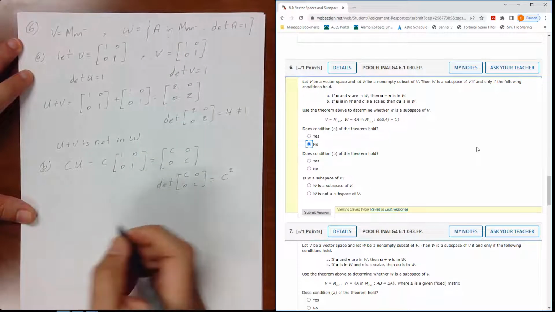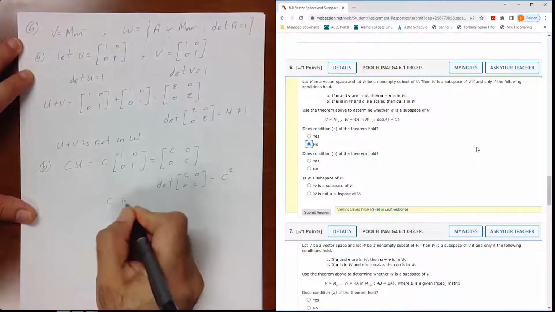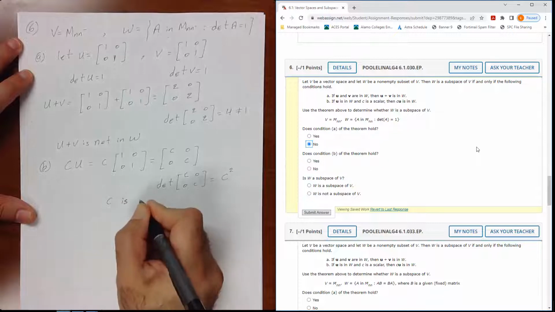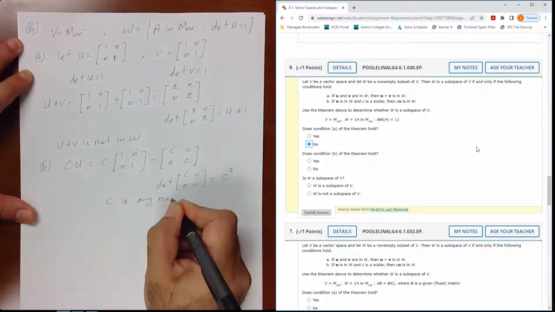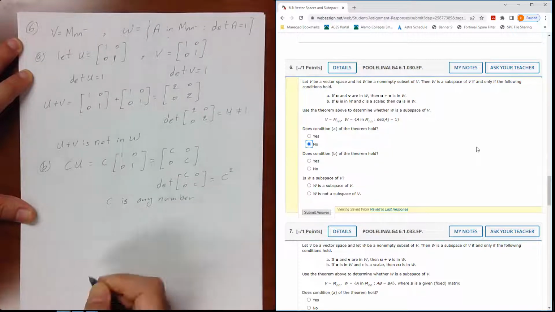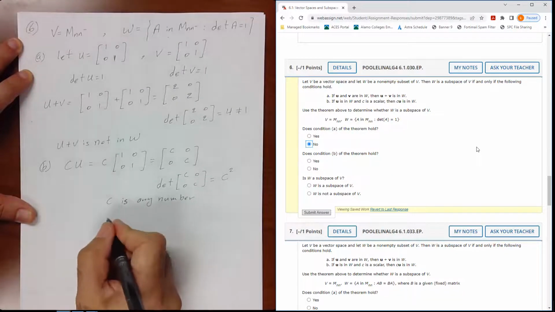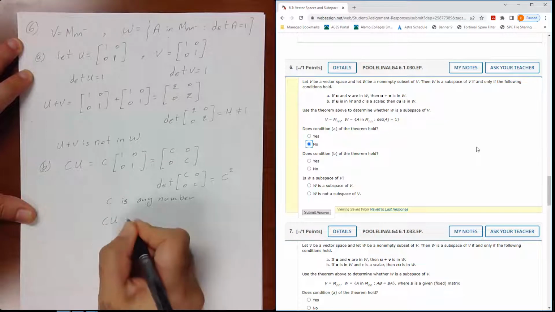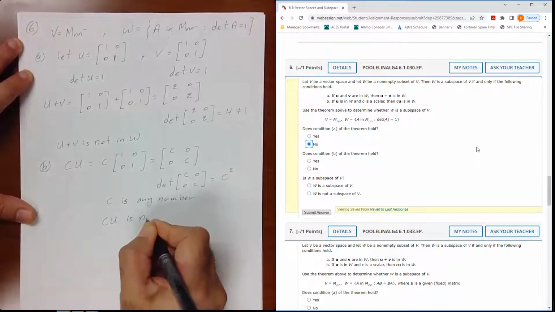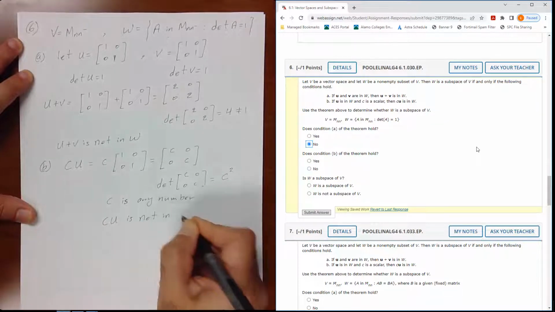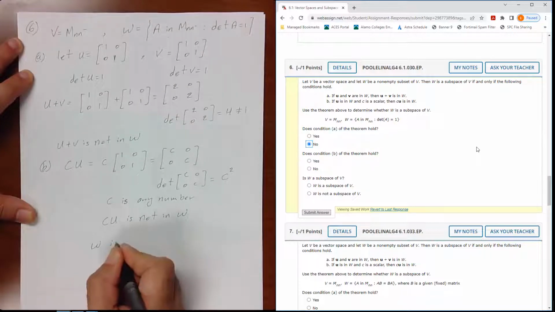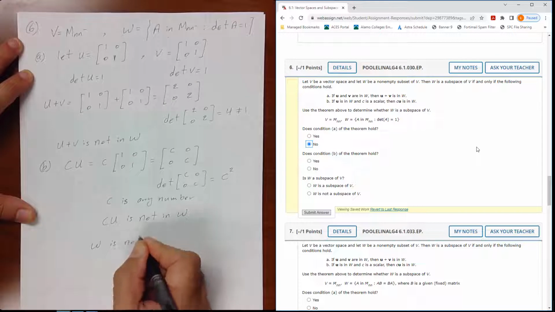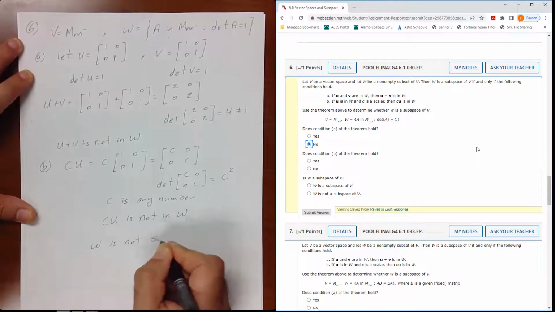So in this case, because C is any number, that means CU is not in W. In this case, W is not a subspace.